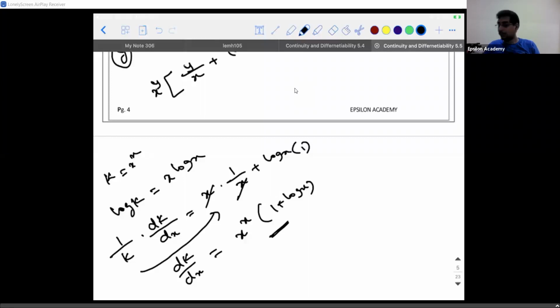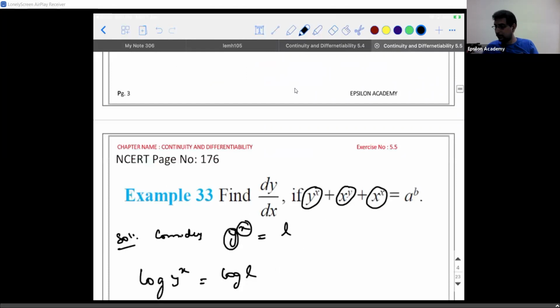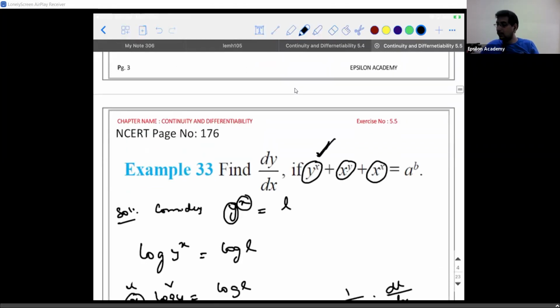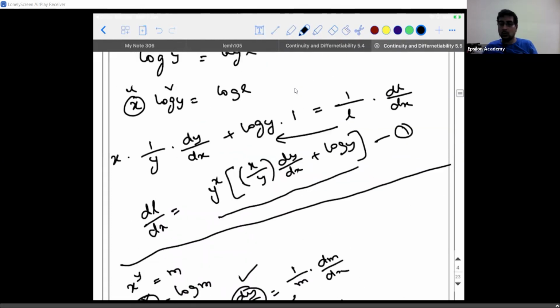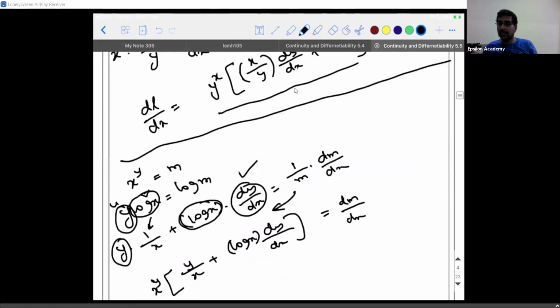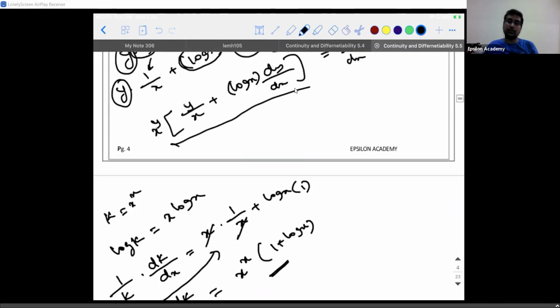Okay. So the problem is not over yet, guys. For you to find dy by dx, what we need to do is differentiate this separately. Then you got dL by dx as this value, dm by dx as this value, and dk by dx as this value.